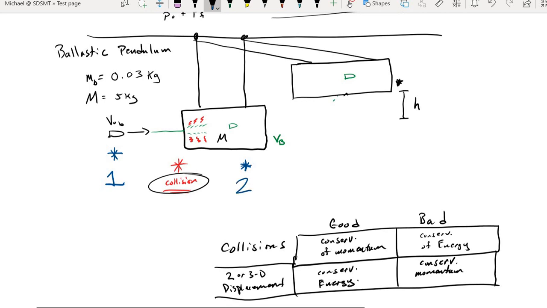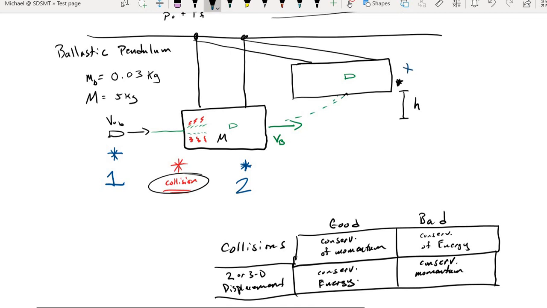Then location 2 is the system immediately after the bullet has collided with the log and it has become embedded, and the log is just getting ready to start moving through its swing.